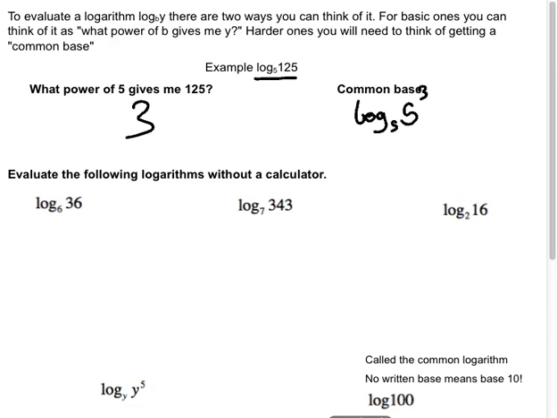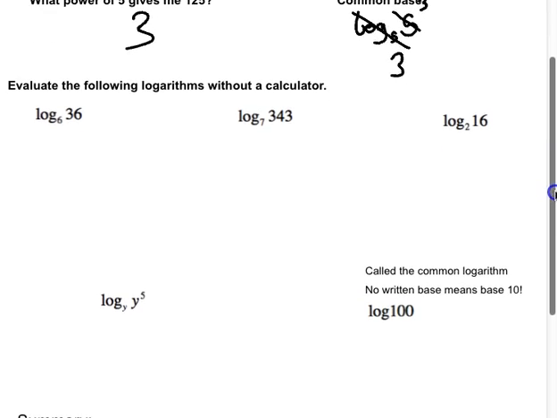You're reshaping the 125 as 5 to the third power and really canceling off that base to be left with the 3. So again, depending on the complexity of each problem, it's going to change how you want to view it. For today, for the most part, you can look at it the easy way.